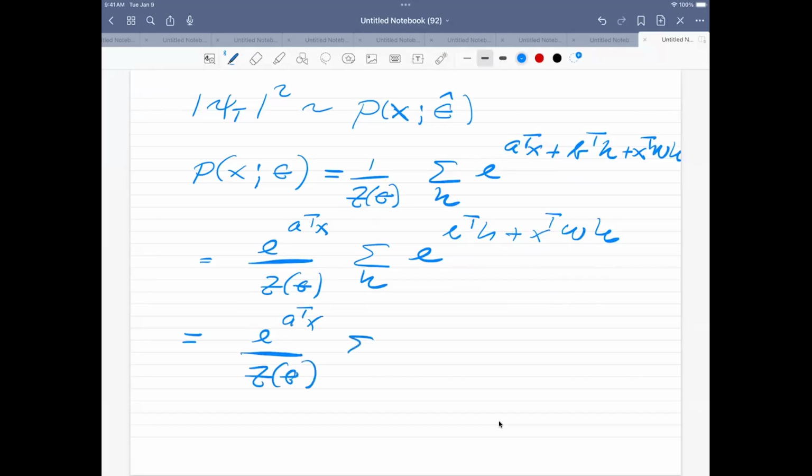And then we're going to have a sum over the h's. And there's going to be a product of j, or rather, let's now just rewrite this a little bit more carefully. Let's take an intermediate step here. This is now given by e to the sum over j. So these are the values of the hidden nodes.